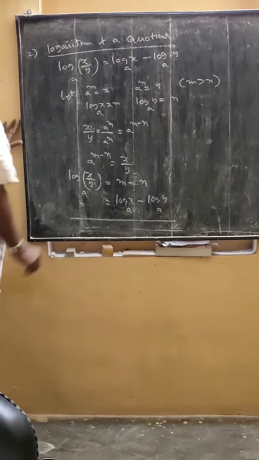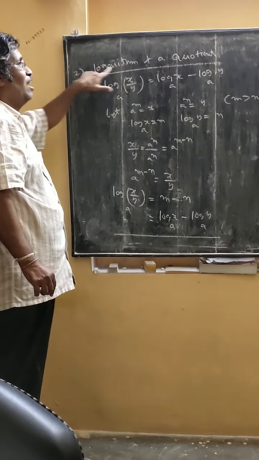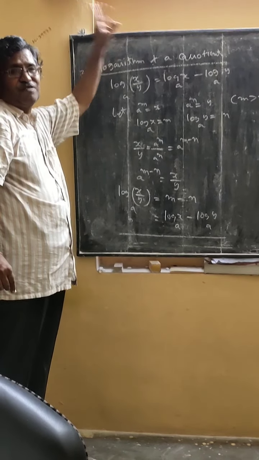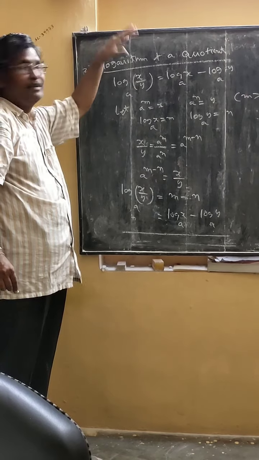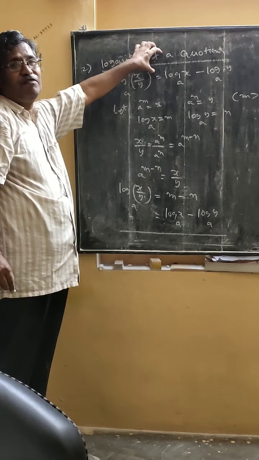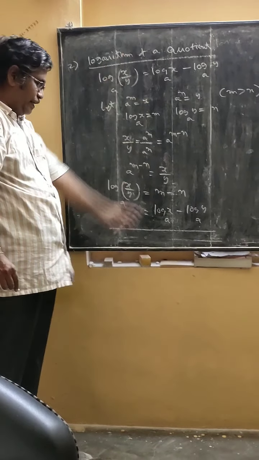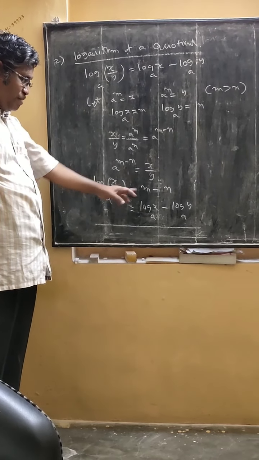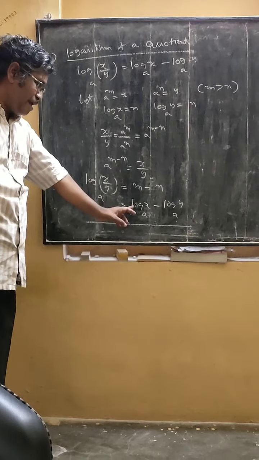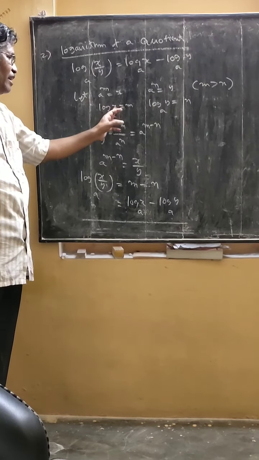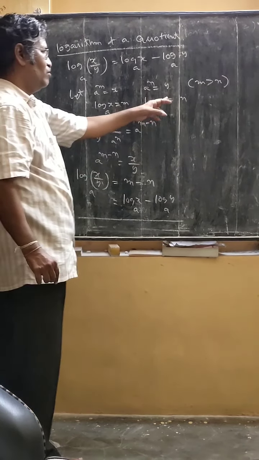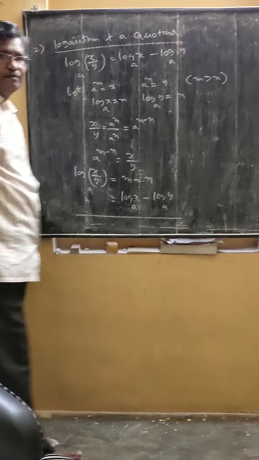This is another formula, another law of logarithms. First one is the logarithm of a product. Second one is the logarithm of a quotient. Log x by y to the base a is equal to m minus n, where m is the value of log x to the base a, and n is the value of log y to the base a.